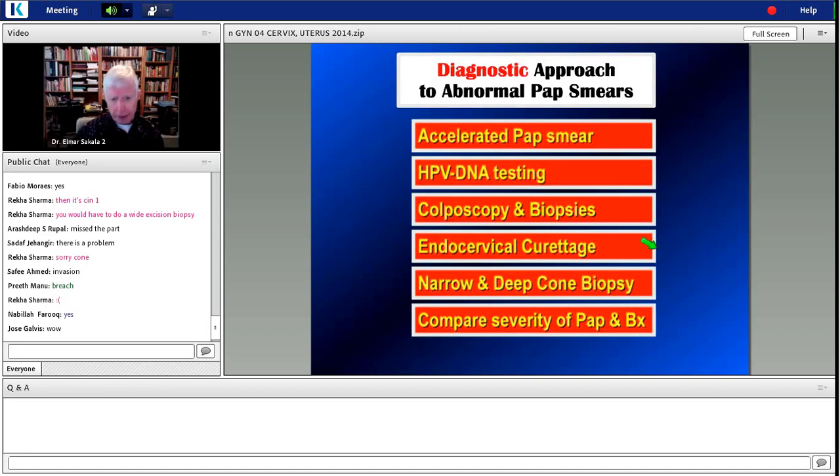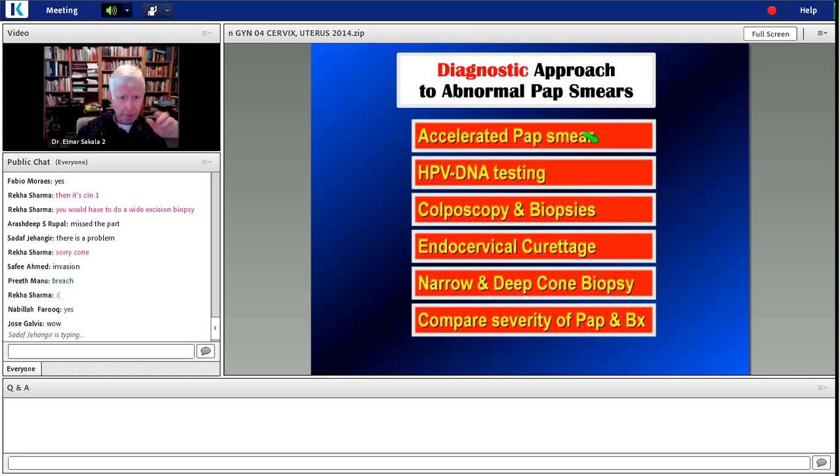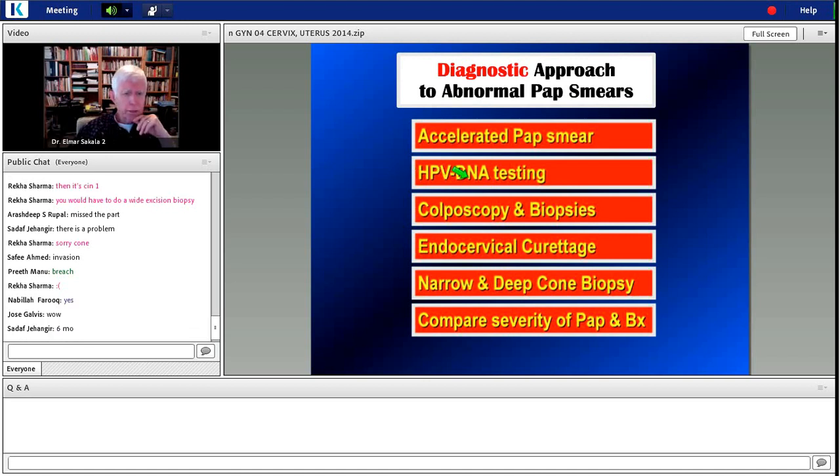Okay, diagnostic approach. The diagnostic approach to abnormal pap smears could be either a repeat pap, an accelerated pap. Instead of doing it every 3 years or every 5 years, you do it every 3 months or 6 months or a year. Then we have HPV DNA testing. If we have a certain kind of abnormality, which we'll go over, then we can do HPV DNA testing.